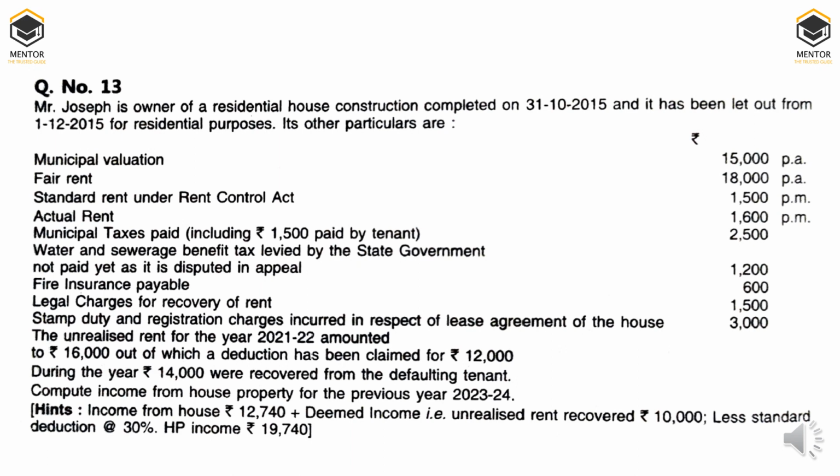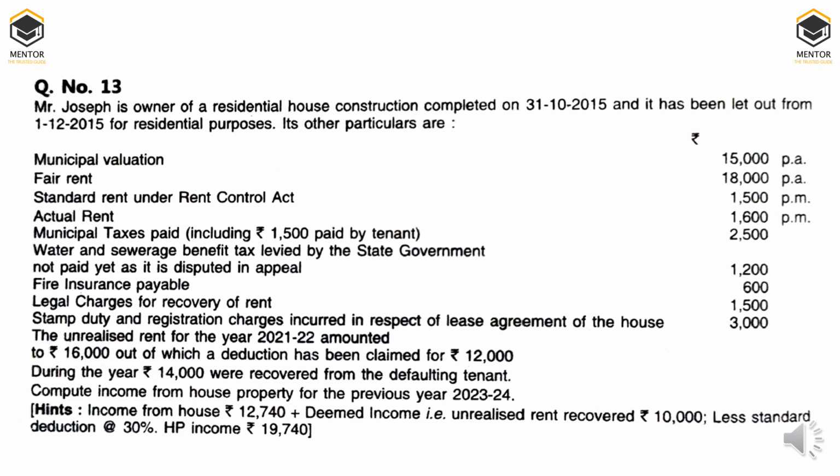Water and sewerage benefit tax levied by the state government is not paid, as it is under dispute in appeal. If it is not paid, we don't consider it. Fire insurance we don't consider. Legal charges for recovery of rent, stamp duty for registration we don't consider. Unrealized rent of the last previous year, 21-22, is 16,000, of which deduction has been claimed for 12,000.